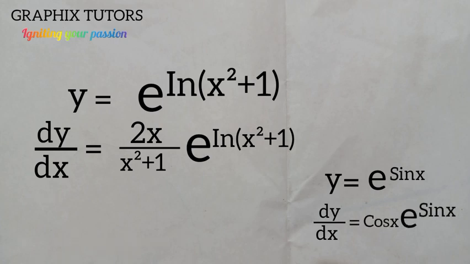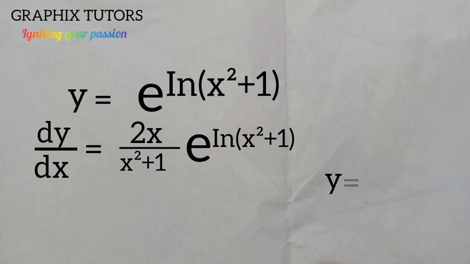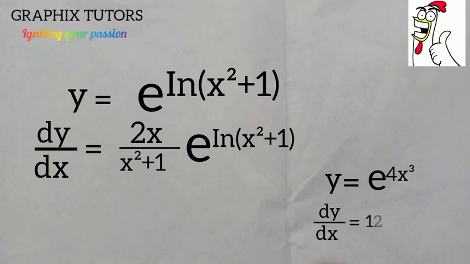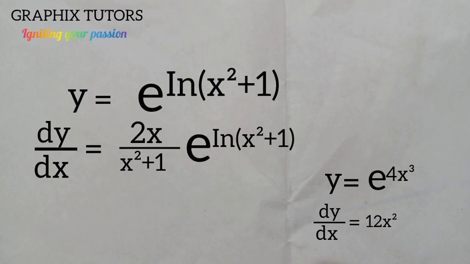The last one here, if I have e to the power of 4x cubed, I'll differentiate what is on top of the e. I'll have 12x squared, so I'll put it in front of the e. That gives me 12x squared e to the power of 4x cubed. So you see the two different situations here. If you have e, differentiate the power, what's on top of the e, and multiply it by what you differentiated.